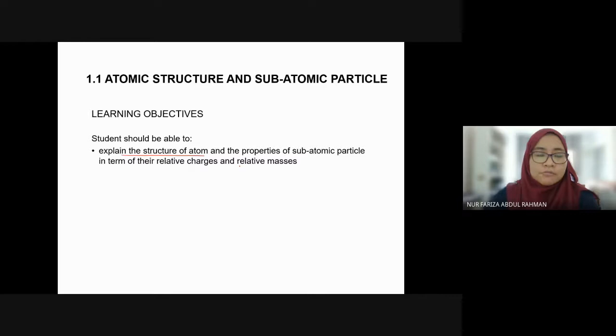The learning objective helps us to keep track of what we need to achieve at the end of the subtopic. It's like your checklist. That would be your guide to know what needs to be covered for each subtopic that we have.